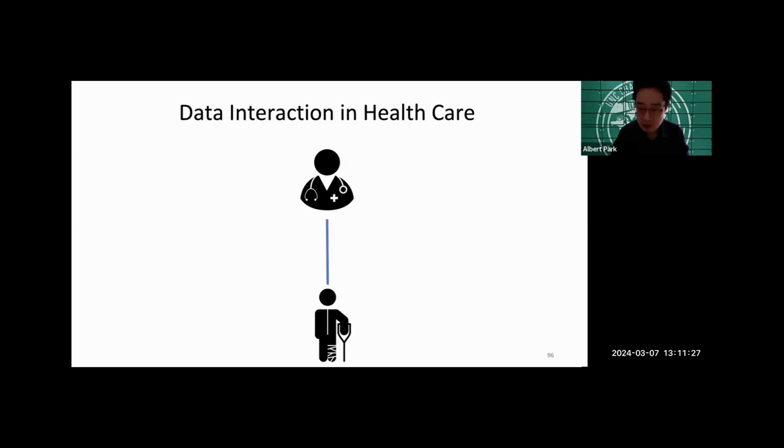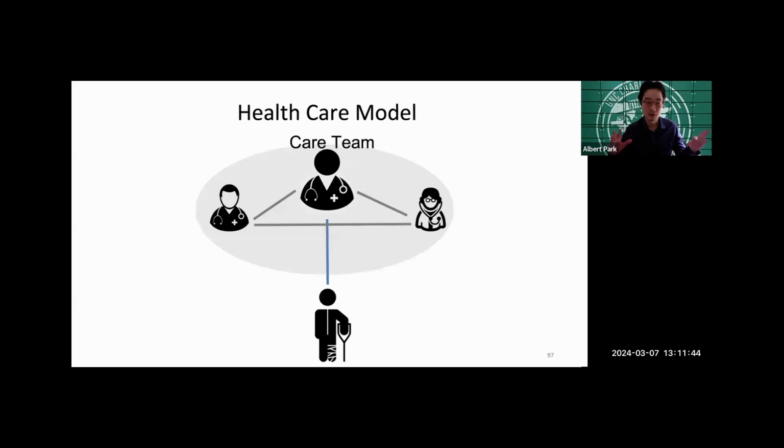To conclude this talk, I'd like to talk about different aspects of data interaction or people interaction in healthcare. The obvious one is doctor to patient, but there is also the care team, which includes nurses, researchers, and scientists.